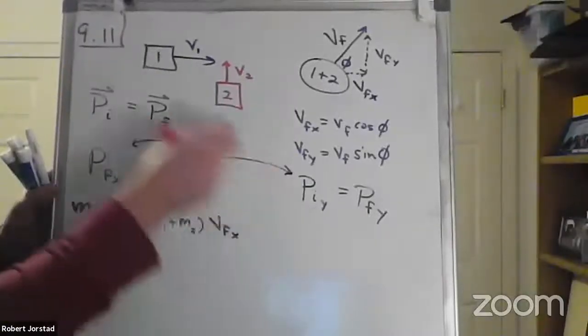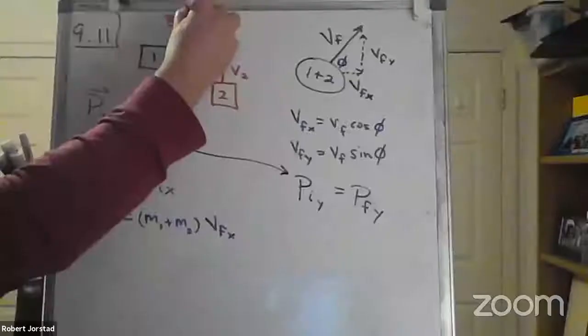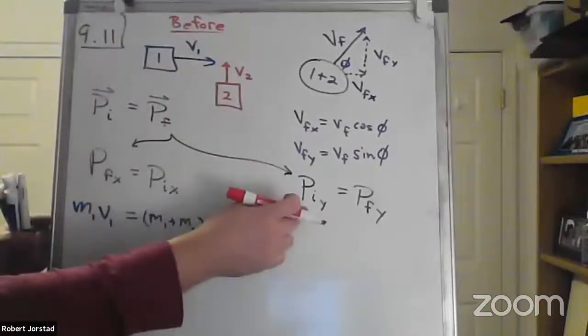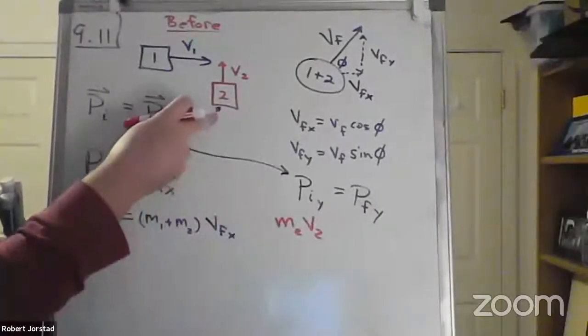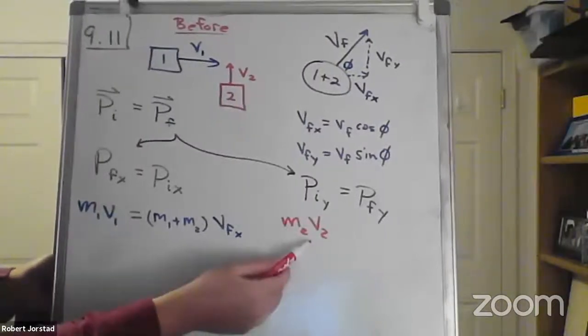No, initial. So this is the before picture. It'll be 0 for 1. Yes, so this one drops out. So then what are you left with? M1 V1, M2 V2, because the red one is 2. Do you agree with that? Does that make sense? Yeah. 2 is the one, because we're in the Y direction now.